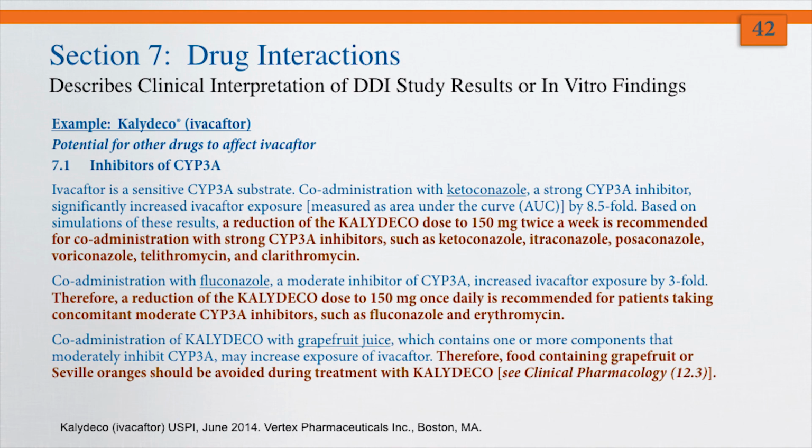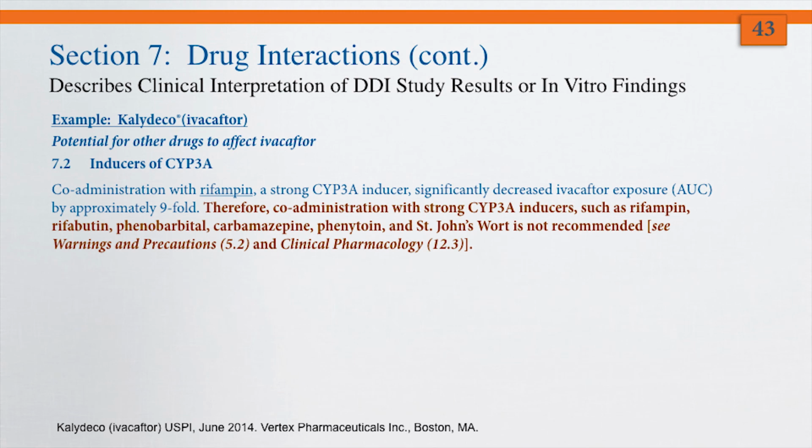It also goes on to warn against drinking grapefruit juice or consuming Seville oranges during treatment with ivacaftor because of the CYP3A inhibition potential. This drug product also has information in Section 7 about CYP inducers. A study was done with rifampin, which caused an approximately 9-fold decrease in exposure.